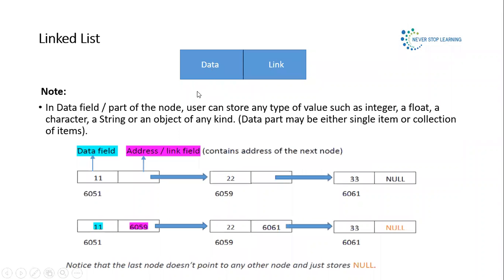Now, note this, that in the data field or this data part, the user can store any type of value. For example, integer value can be allowed, float value, string, character, any value is allowed for this data part.